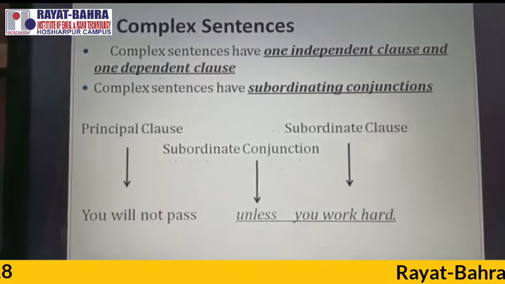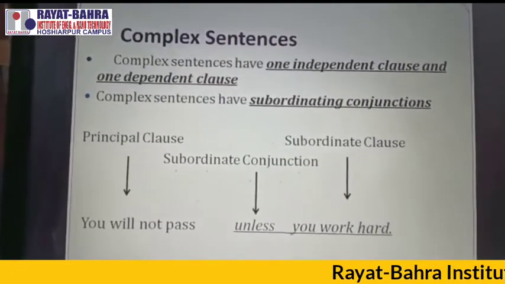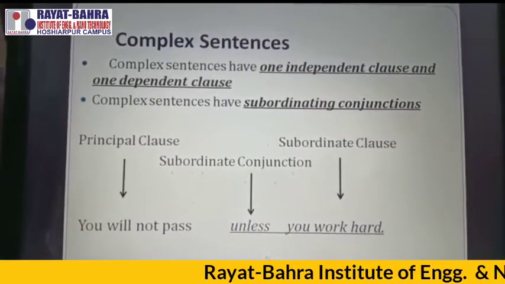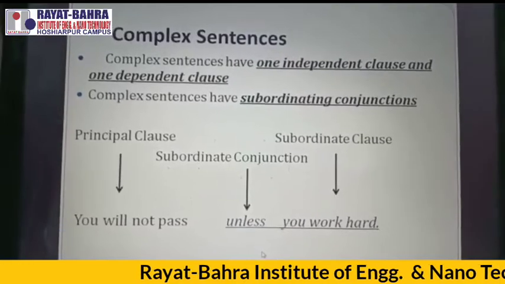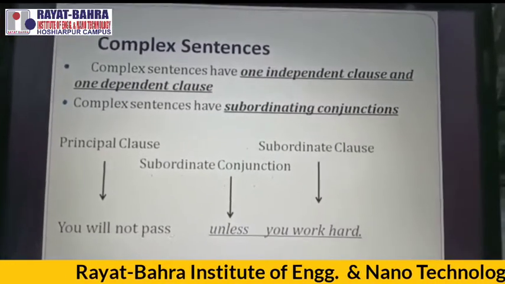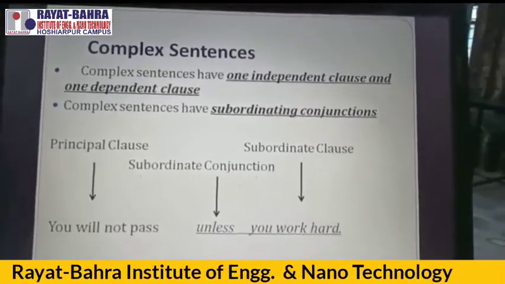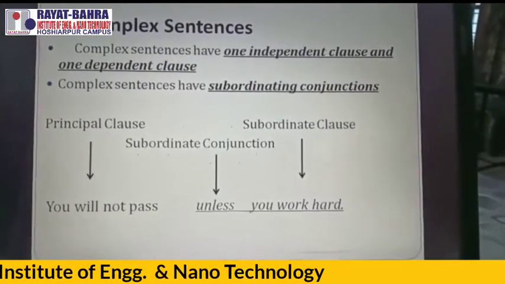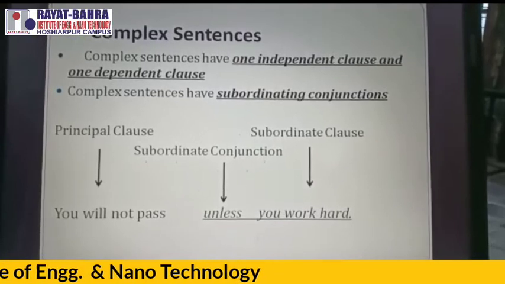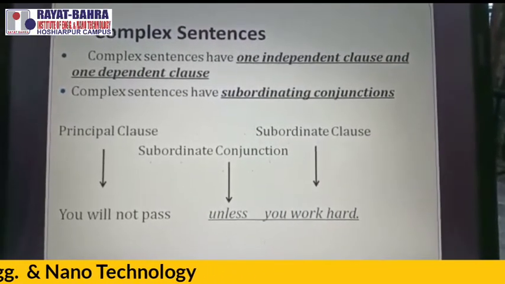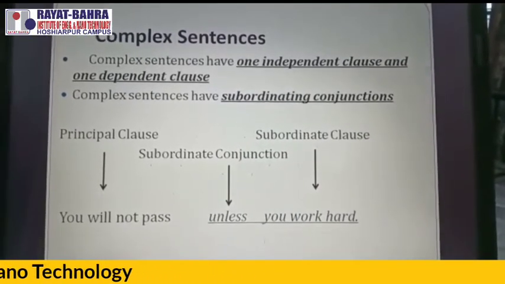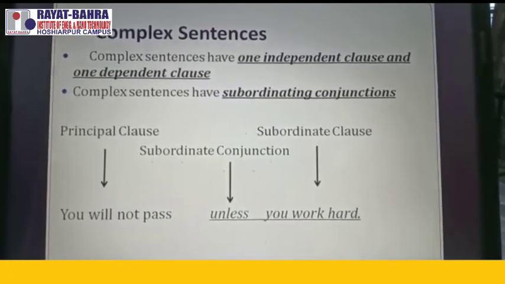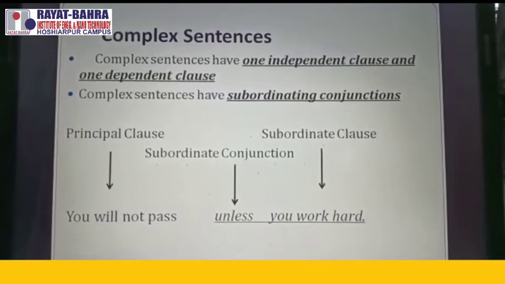You see, one sentence has been given over here: you will not pass unless you work hard. You will not pass is a principal clause because you notice that it is complete in its thought. While the other portion of the same sentence, unless you work hard, is incomplete in its thought. Unless you work hard needs something else for the completion of its meaning.